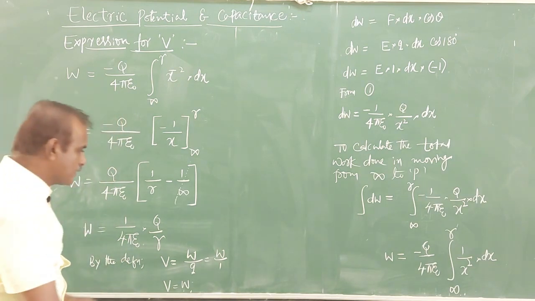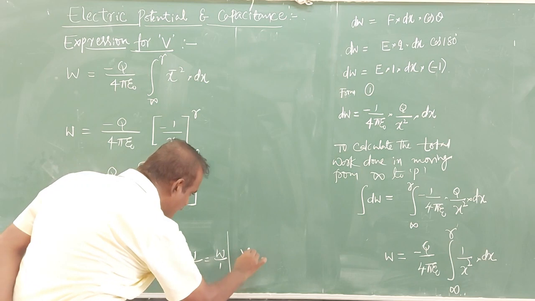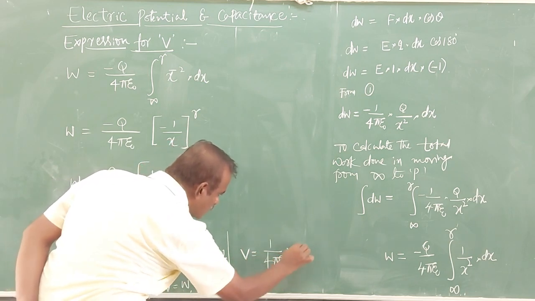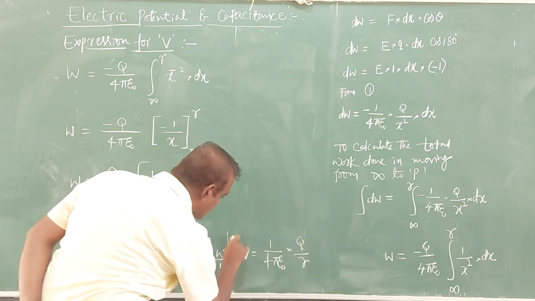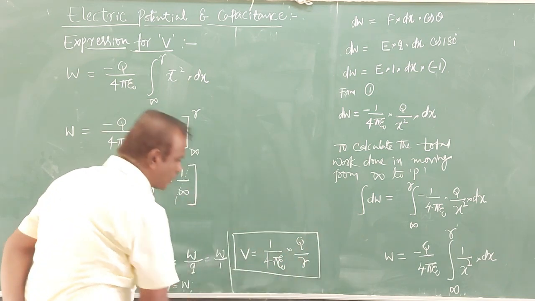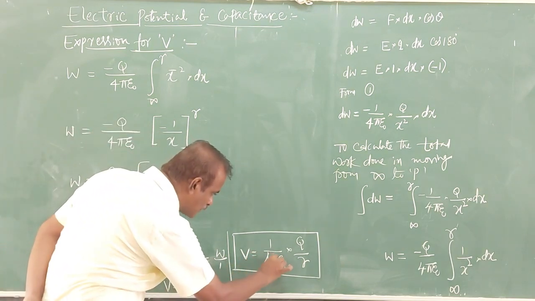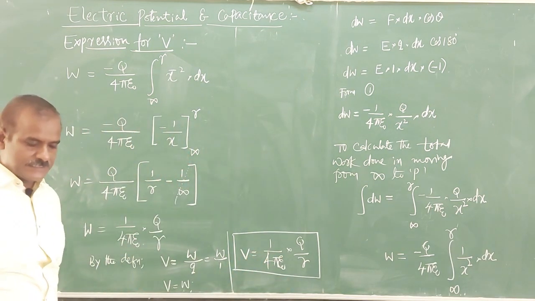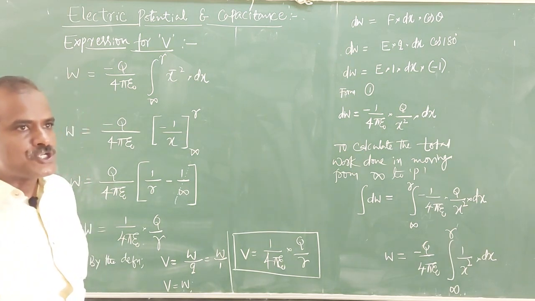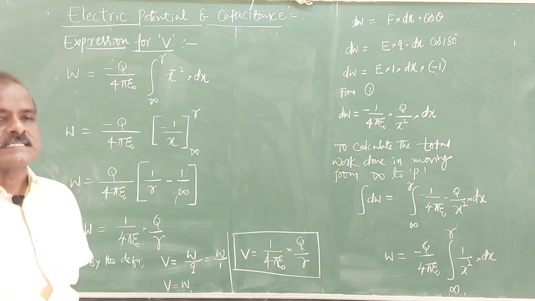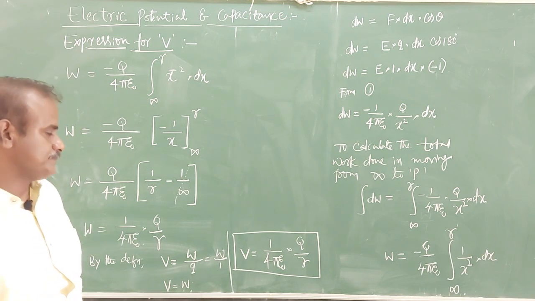So finally what are we going to get? V is equal to 1 by 4 pi epsilon naught Q by R. This would be the formula for electric potential due to a charge. This is the formula for potential due to a charge at a point at distance r from the charge.